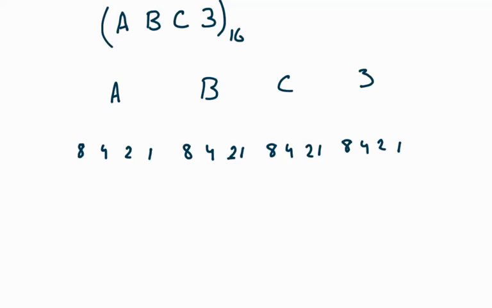Now these are basically powers of 2, starting from 0 up until 3. Now what you're going to do afterwards is you're going to choose the numbers that when added make up this top number.